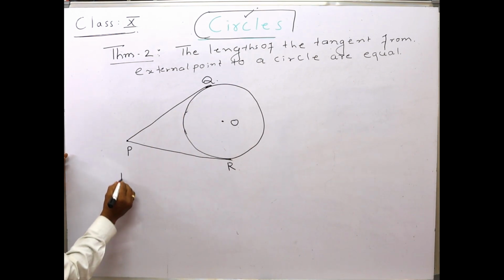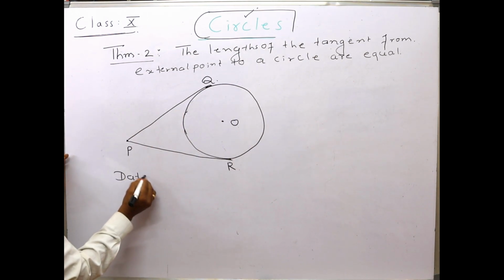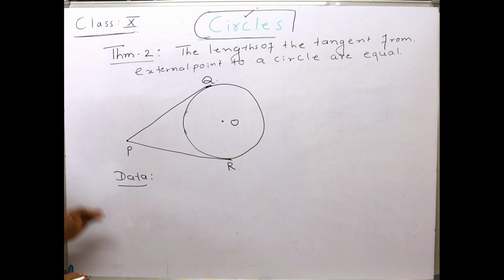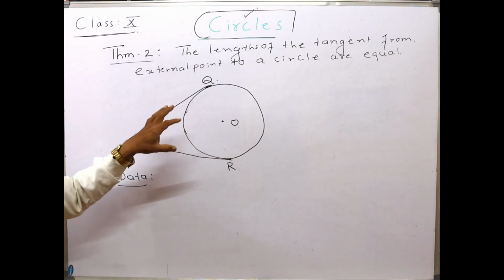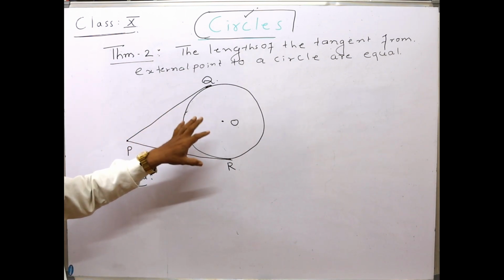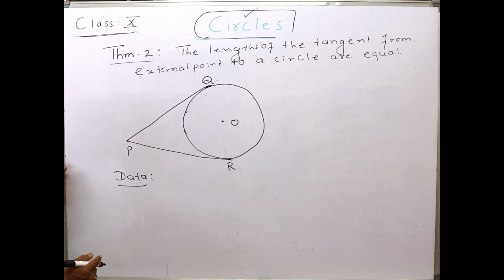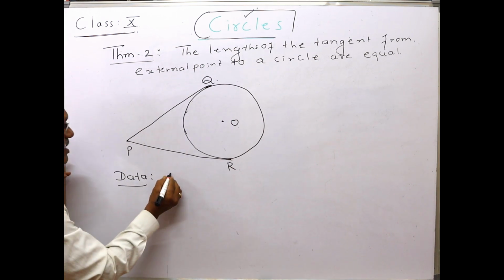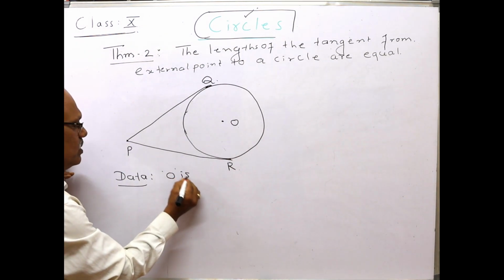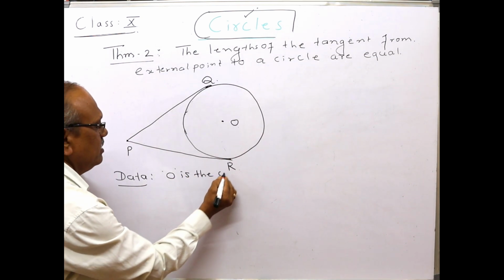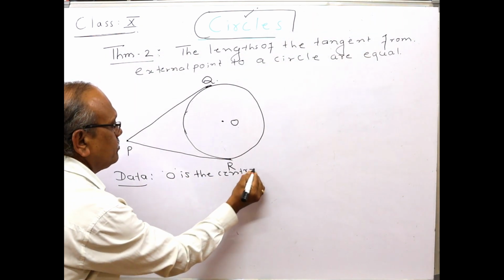First of all, we have to write what is data. First is the diagram. Then, based on the diagram you have drawn, you have to write the data. What is the data? O is the center of the circle.